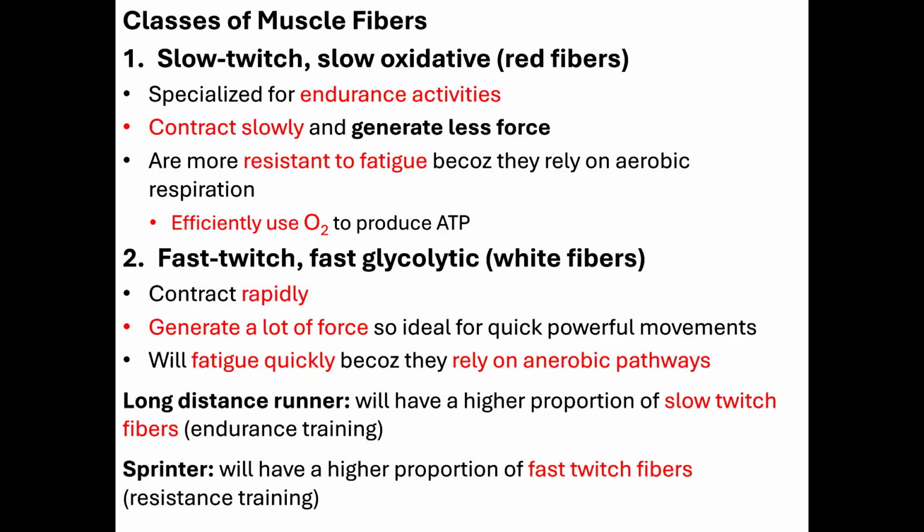Maximum force, rapid contraction, a lot of force. But a fast twitch fiber will fatigue very quickly. You cannot keep doing that 100-meter dash for 200 meters. That's the type of muscle fiber which is predominant in a sprinter. So sprinters will have fast twitch fibers, and long distance runners will have more of the slow twitch fibers.